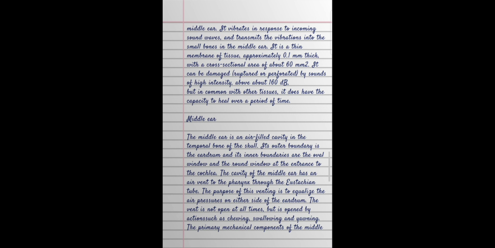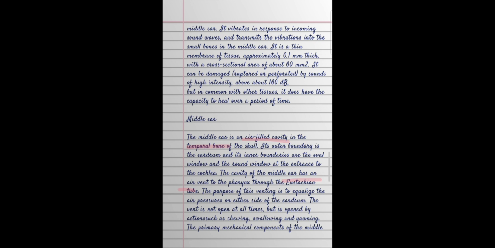Now let's study the middle ear. The middle ear is an air-filled cavity in the temporal bone of the skull. Its outer boundary is the eardrum, and its inner boundary is the oval window and the round window at the entrance of the cochlea. The cavity of the middle ear has an air vent to the pharynx through the Eustachian tube.